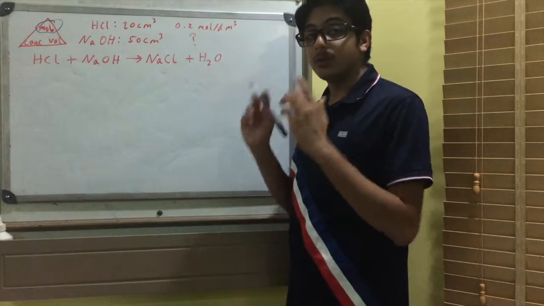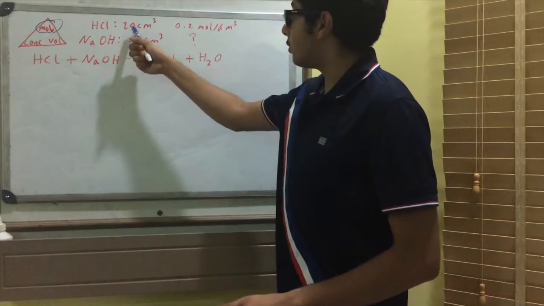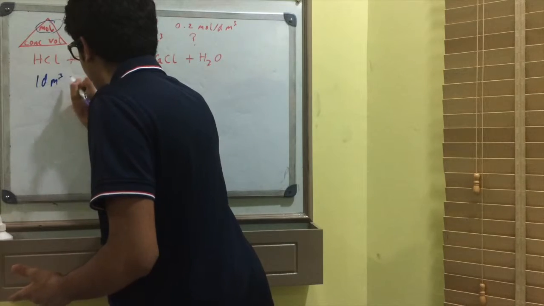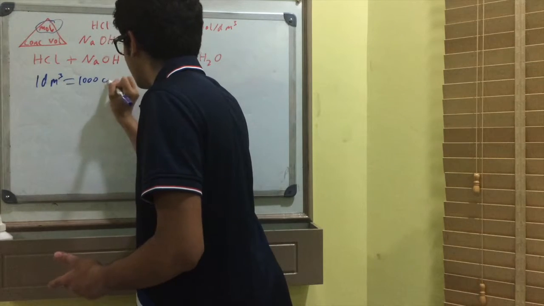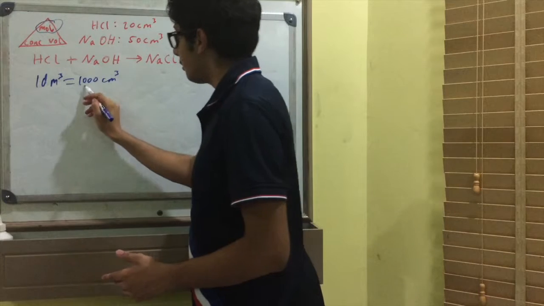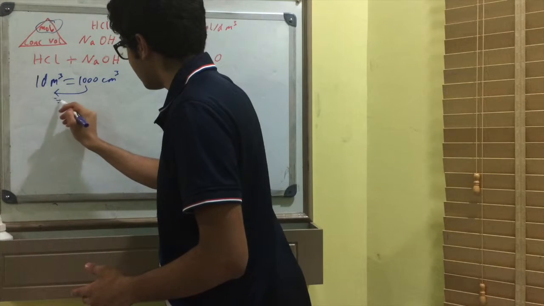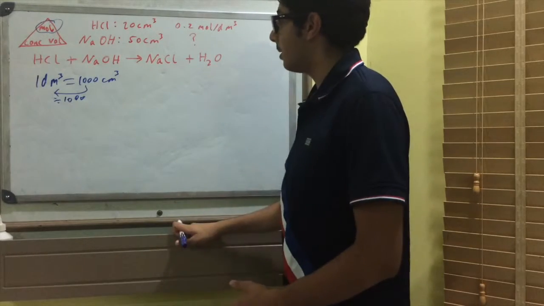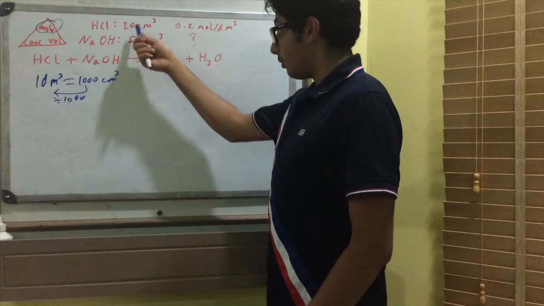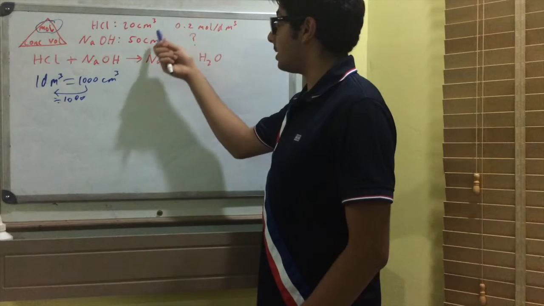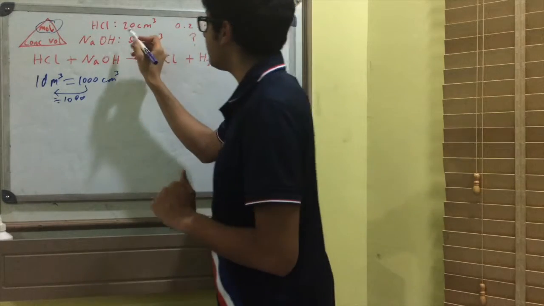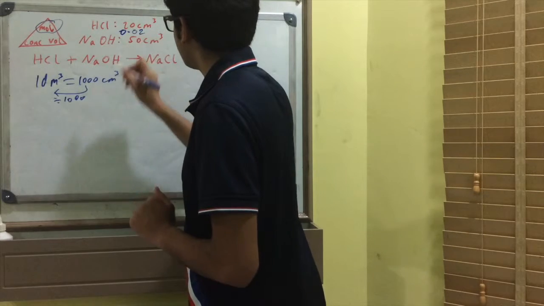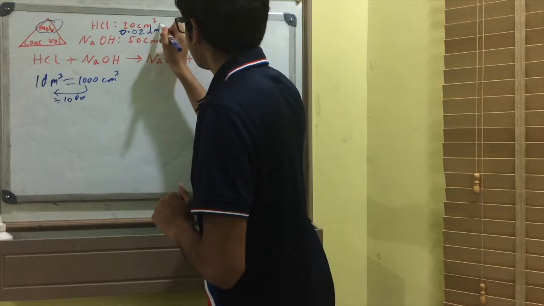Convert everything to decimeters cubed. So, 20 centimeters cubed. We know again that 1 decimeter cubed is 1000 centimeters cubed. So, to go from centimeters to decimeters, we divide by 1000. 20 centimeters cubed in decimeters cubed, so divide by 1000, we're going to get 0.02 decimeters cubed.